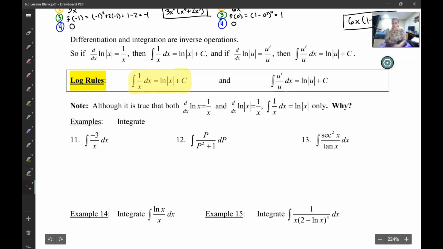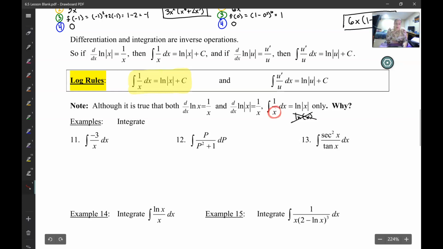Now, one other thing I do want to talk about. We know that the derivative of ln of x is 1 over x. And the derivative of ln of absolute value of x is 1 over x. We learned that both of those were the same. However, the integral of 1 over x is only ln of absolute value of x. It is not ln of normal x. And here's why.